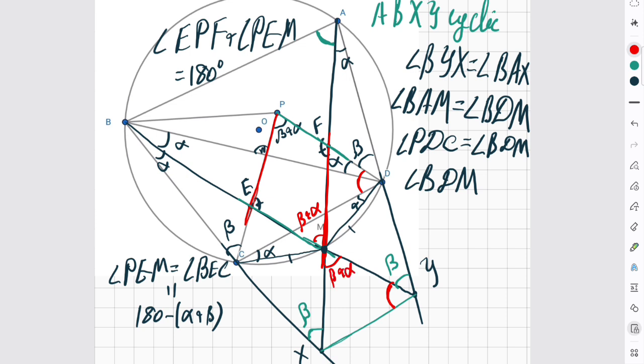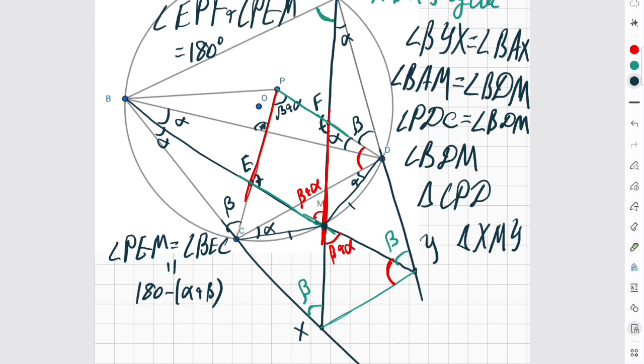We found that two angles in the triangles CPD and XMY are equal. It means that all angles in triangles CPD and XMY are the same.